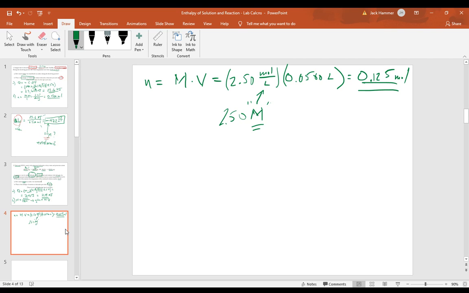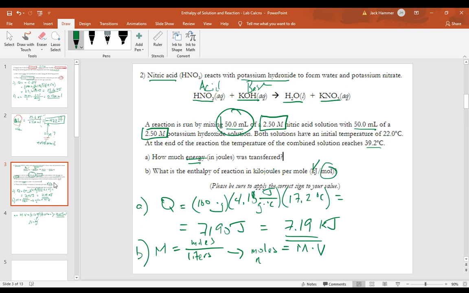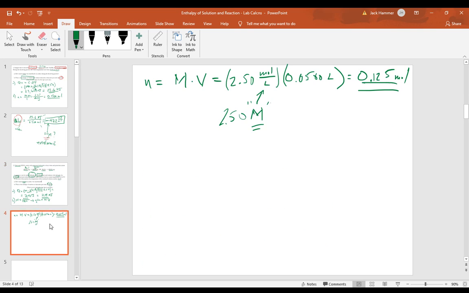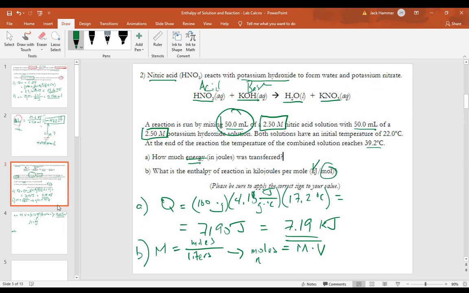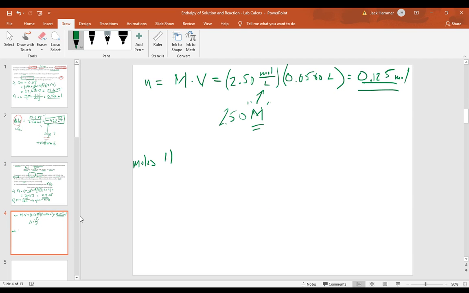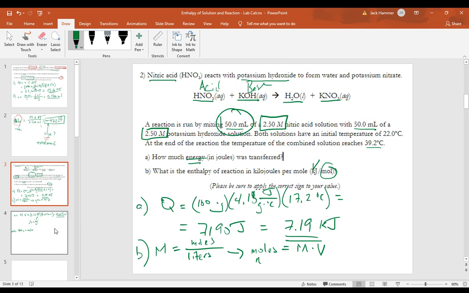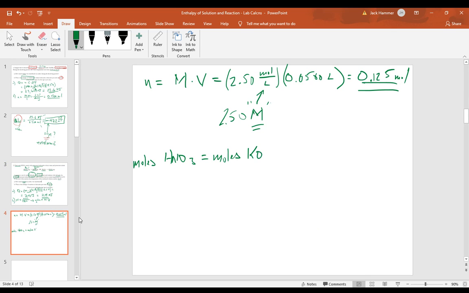Now, the thing that you notice is that because the volume and the molarity of both reactants are identical, we can assume that the moles of the nitric acid are equal to the moles of the potassium hydroxide, which we now know is 0.125 moles.